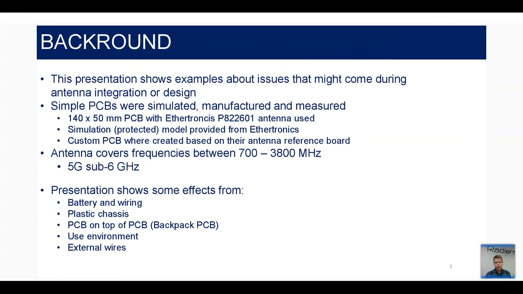I'm going to show some effects that come from the battery and wirings with the plastic chassis, then PCB-on-top-of-PCB structures, like a backpack PCB, then a few examples about different use environments, and then also the effect of external wires, like a charging cable, for example.